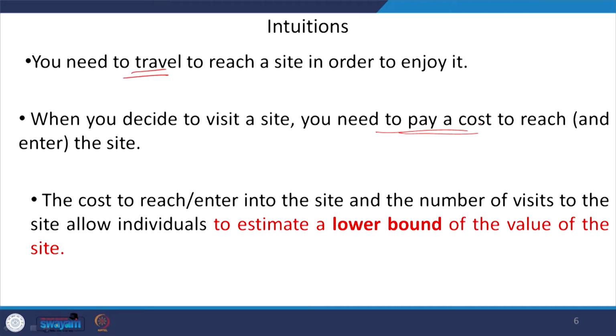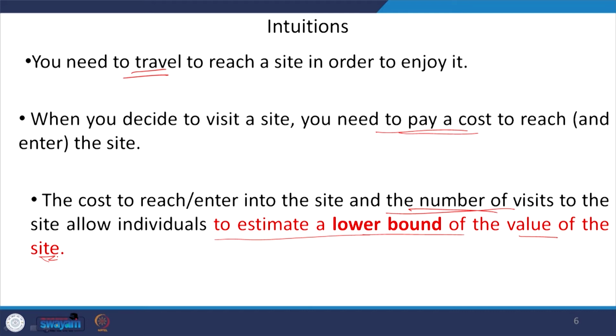And the third intuition he is making in the travel cost method is that when the traveler or visitor is spending his time and money to reach the site, the number of visits he is making to that particular site is actually displaying the lower bound of the value of the site for that individual.